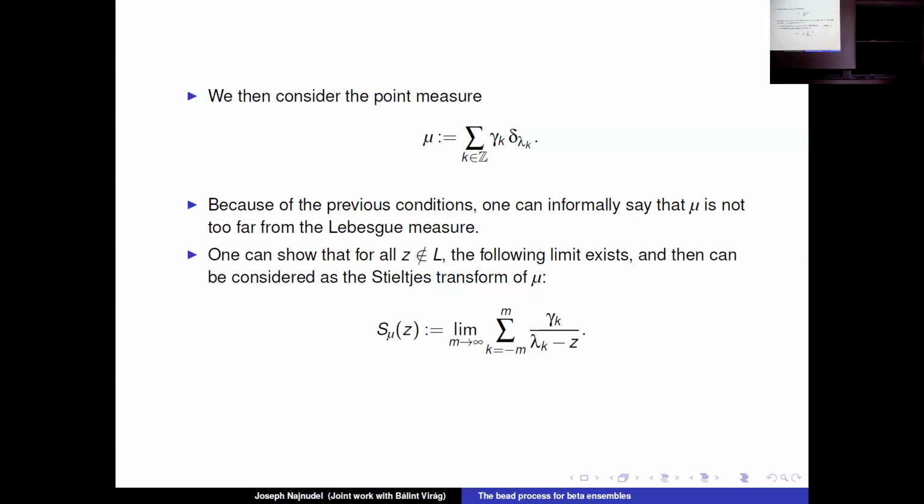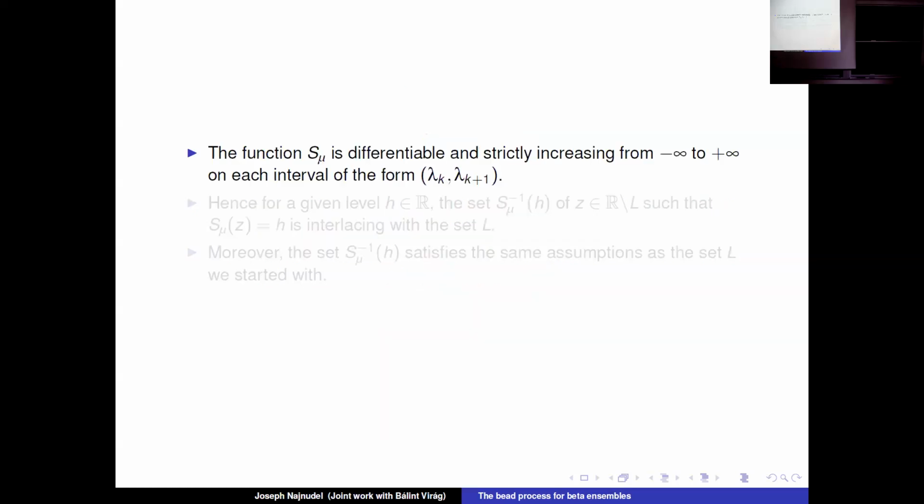And we can consider this function. Now what I look at is, okay, the Stieltjes transform is defined outside the real line, but in fact, it's also defined in this example everywhere except at the points lambda.